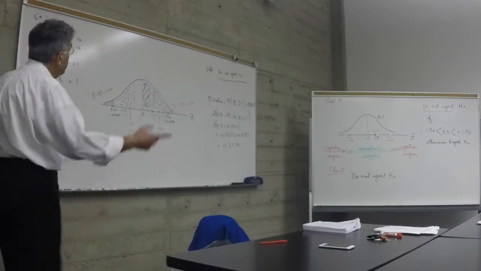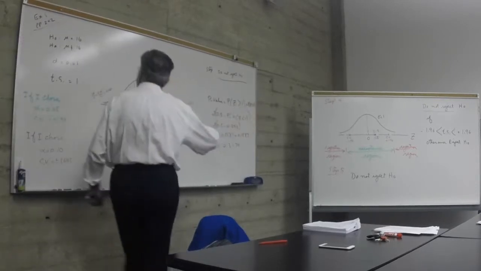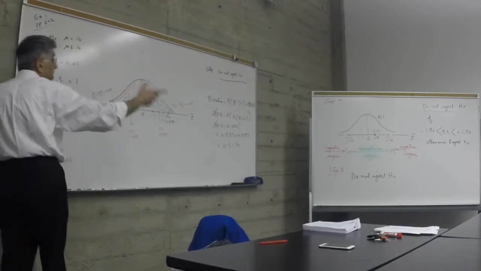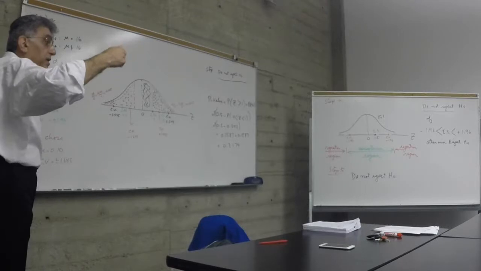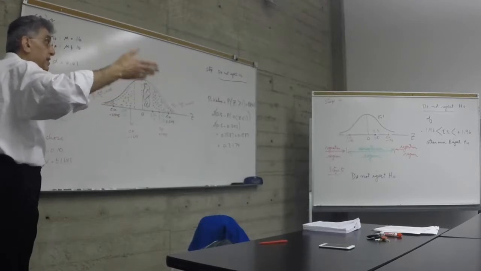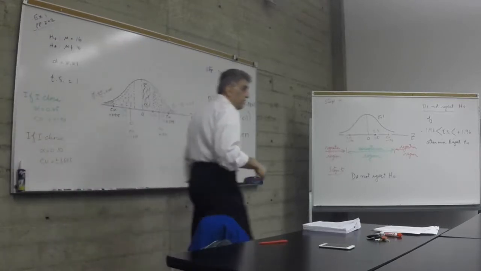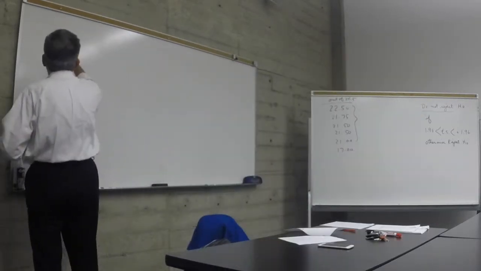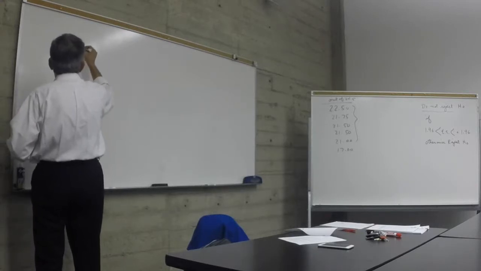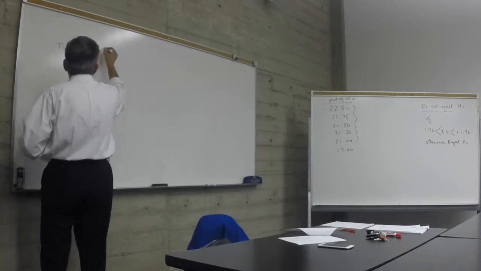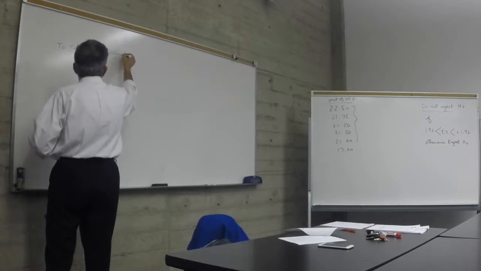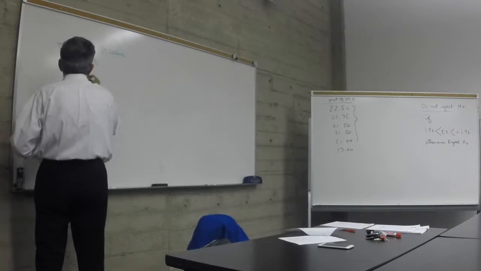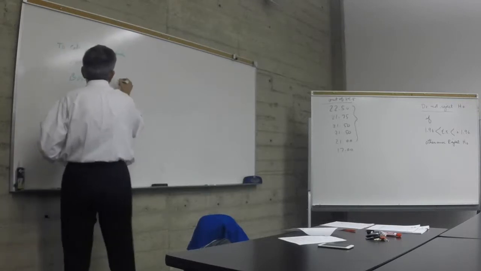Why don't you go ahead and go to your exercise on page 243, I believe, and see whether now you can answer parts D, E, F, and G. To calculate the p-value, refer to the book, page 238.